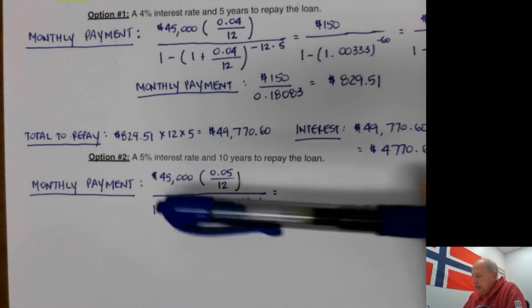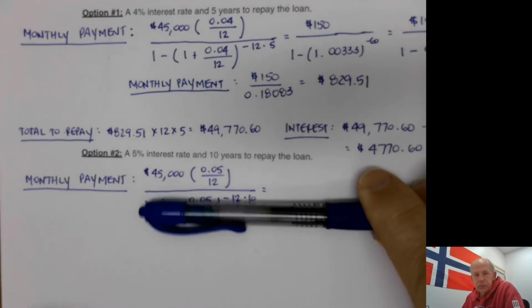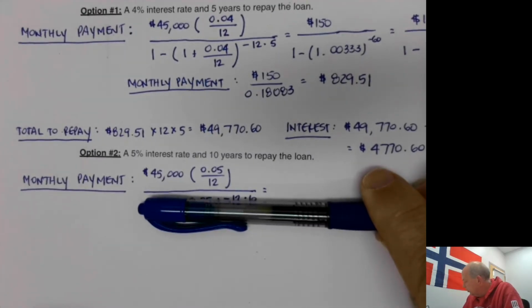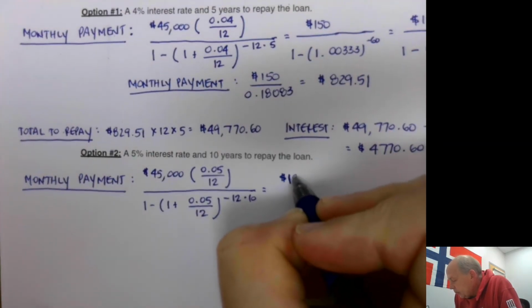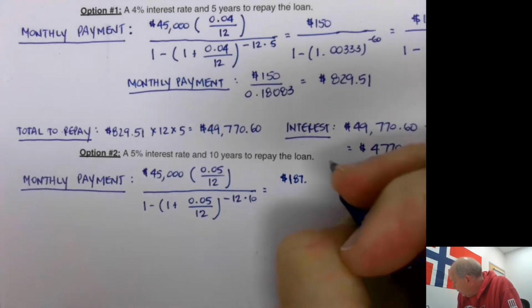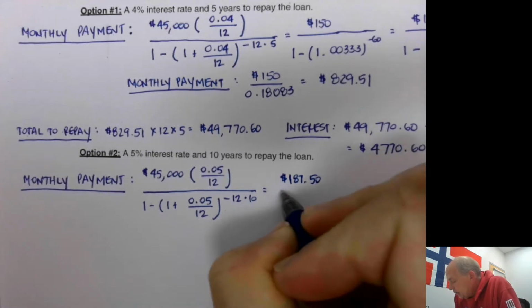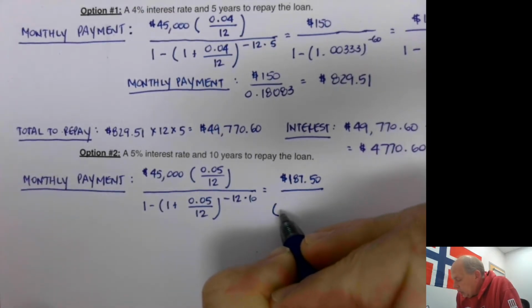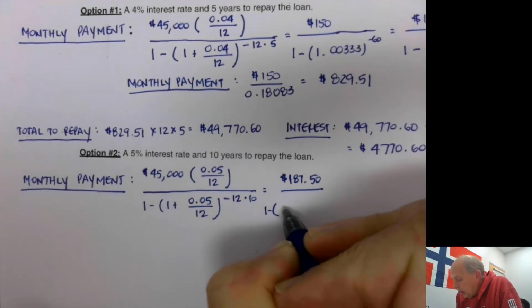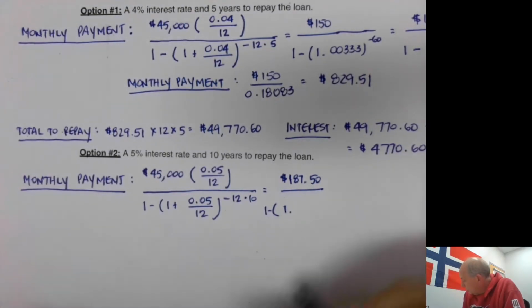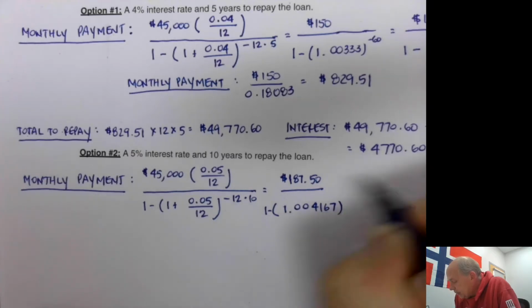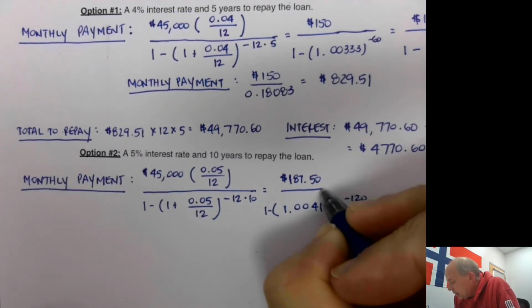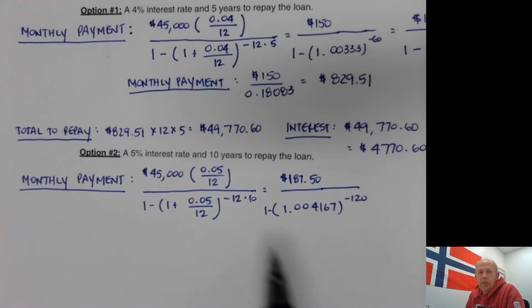So just like I did in the previous problem, let me eliminate the denominator so I don't get too overwhelmed. When I multiply the values in the numerator, I have 187.50. Let me start with the denominator. I have 1 minus 1 point. 5 divided by 12 is 0.04167, and I'm going to raise that to the negative 120 power.